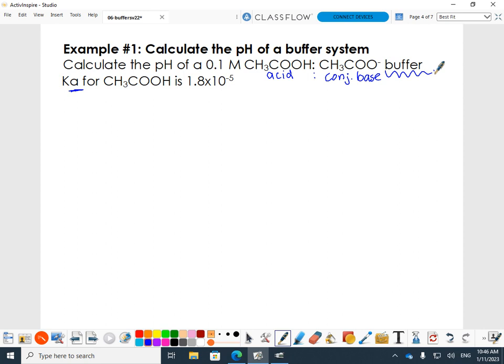Okay? So when you have buffer notation like this, and it says 0.1 molar, that means that you have 0.1 molar acid and 0.1 molar base, okay?